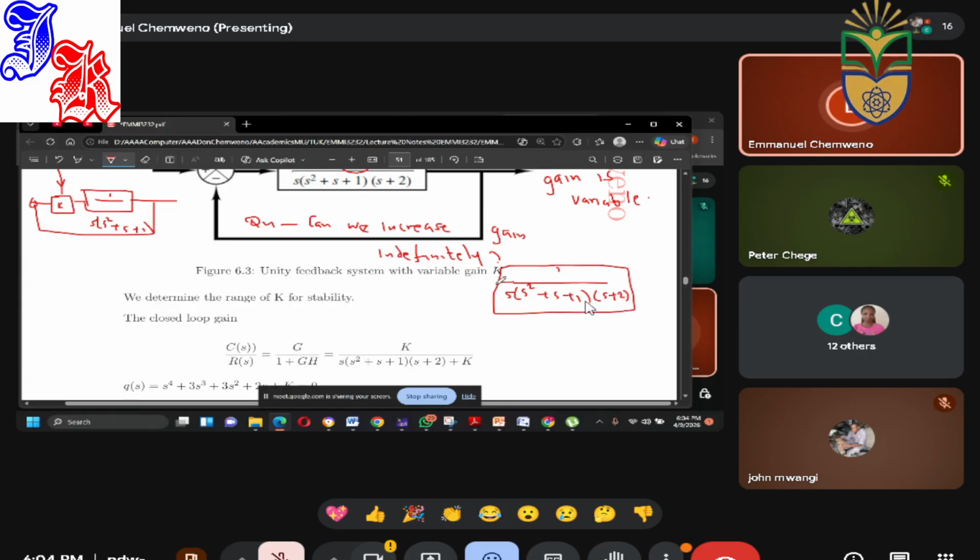Now you introduce your proportional controller, just a proportional gain. This gain just amplifies the error, because this is an error signal. This is R and this is C, this is feedback and this is E, and this is a controller. So what happens? We want to see, can we increase the gain indefinitely?